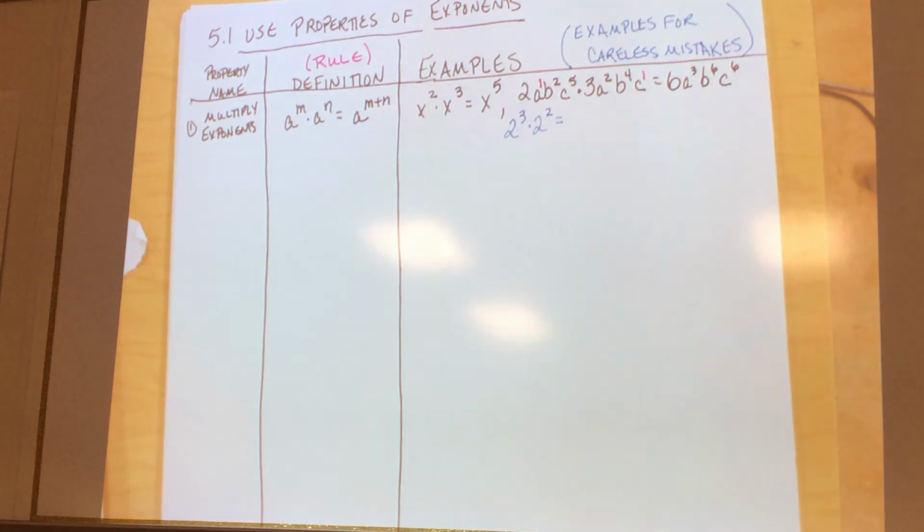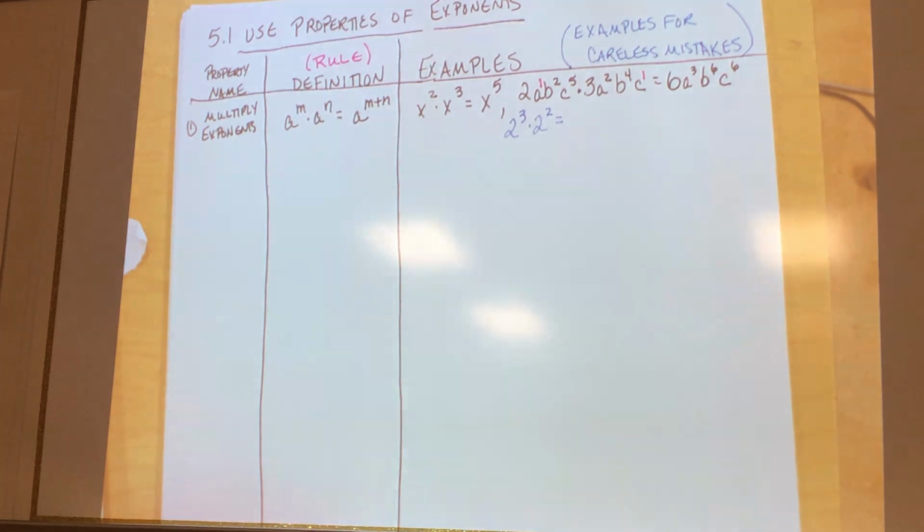Let's see who can follow the rules. All right, you got it? What's your answer? Very good. 2 to the fifth.